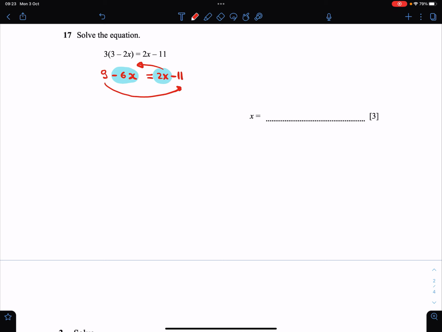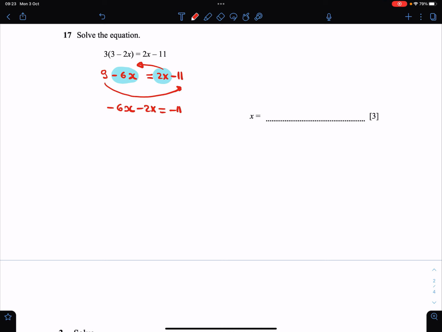Voila. So guys, I have on the left negative 6x. Don't forget this is negative 6x on the left, so I'm going to leave it as it is. But because I'm moving 2x to the left, it's a positive on the right, it will be minus 2x. Agree? 11 is already negative on the right, so I'm going to write negative 11.